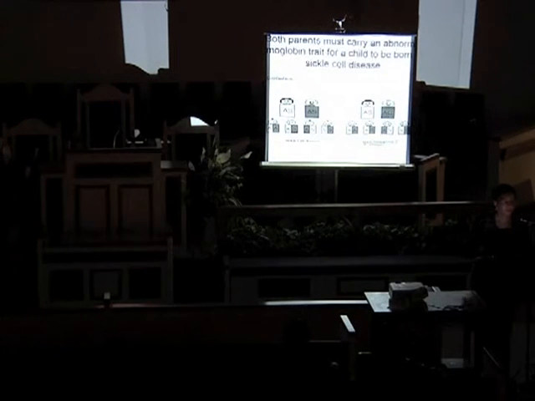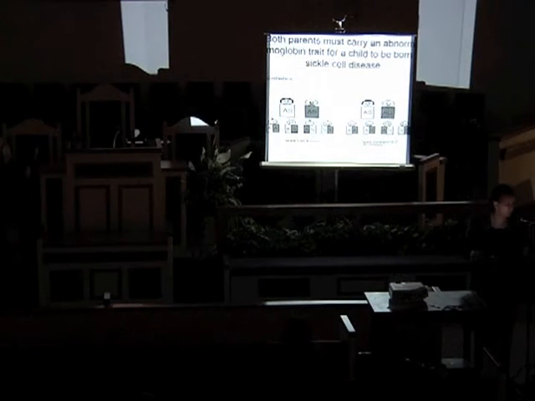How do you get it? It's not contagious. You do inherit it. Both parents have to carry an abnormal hemoglobin trait to have a child with sickle cell disease. The cartoon on the left shows you 2 parents with sickle cell trait. A is your normal adult hemoglobin, S is sickle. Between those 2 parents, they have a 1 in 4 chance of having a child with normal hemoglobin, because you inherit one gene from each parent.